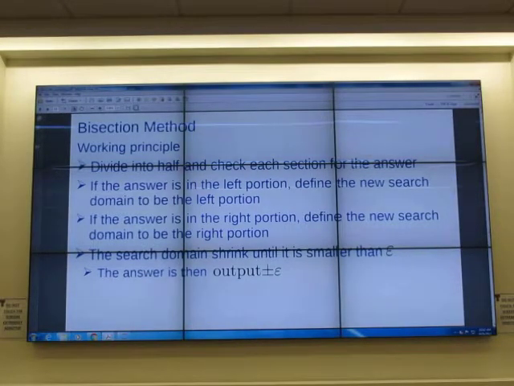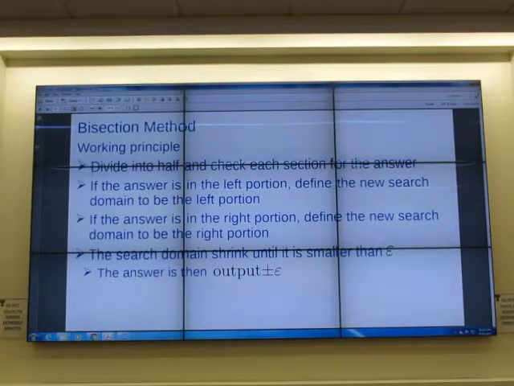You may consider it as divide and conquer. You separate the domain into two halves, and you see: on the left side, do we have the answer? And the right side, do we have the answer? If the answer is on the left, we focus on the left side, and then we divide it again. We keep doing this.